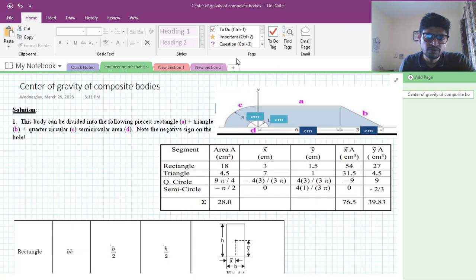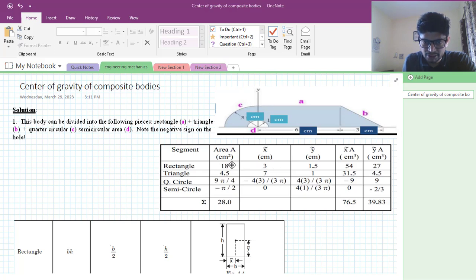First of all, we will find out the area of this rectangular body. You can see the length is given 6 centimeter, and the width is given 3 centimeter. You can see here the radius is 3 centimeter, so the height is also 3 centimeter.